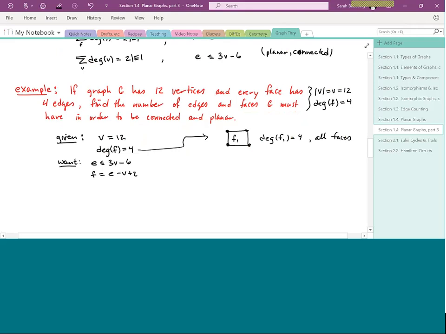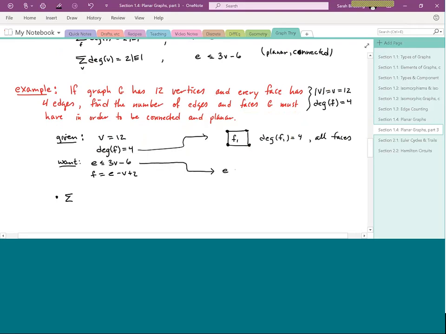Now, what else do we have? First, let's start with a formula that we know we can deal with. We know we have a number of vertices. We know we have a degree. So we know some things. Let's start off with this equation. Yep, we could actually do that one. Let's pull that one over here to the side because we're not going to need it first, but we will actually need it.